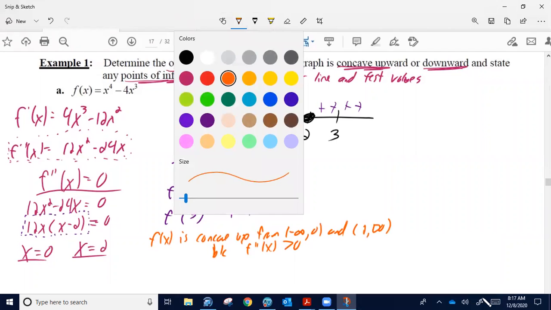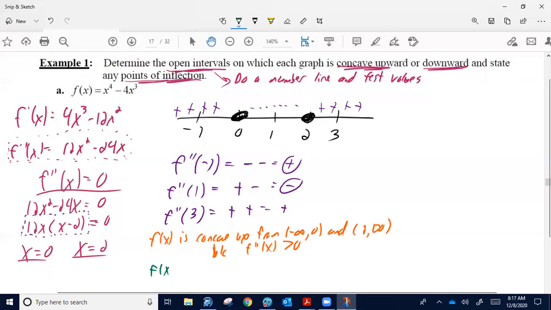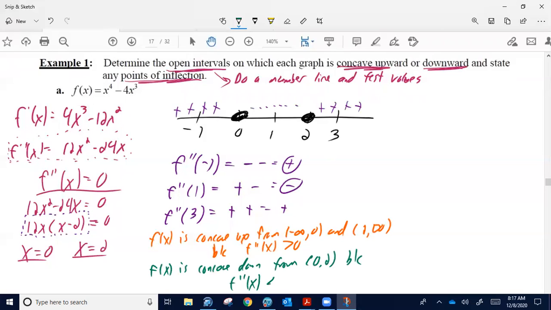And we can also say f of x is concave down from 0 to 2 because f double prime is less than 0. So those are your intervals of concave up and concave down.